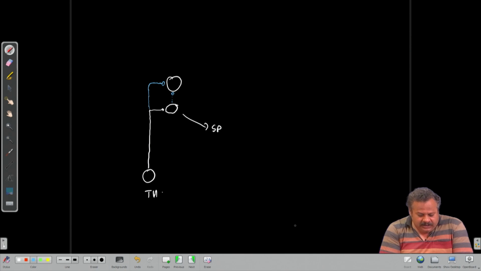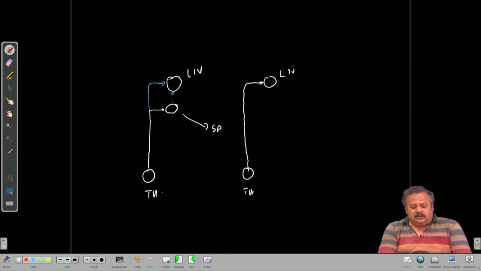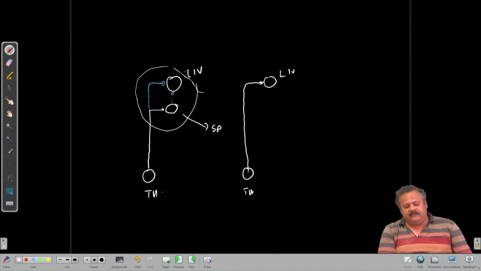And then finally it becomes what we have discussed, that is, the thalamus directly to layer 4. So how is this achieved?